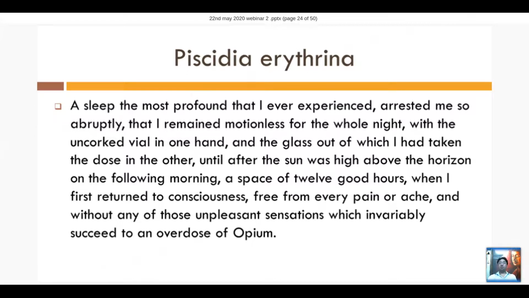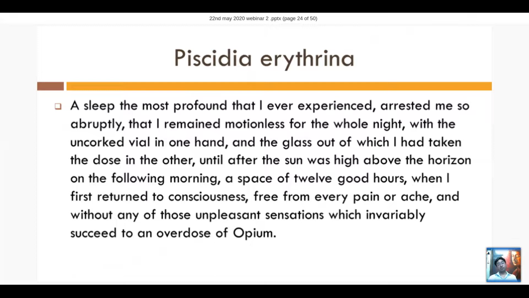Sleep the most profound that I ever experienced arrested me so abruptly that I remained motionless for the whole night, with uncorked vial in one hand and the glass out of which I had taken the dose in the other, until after the sun was high above the horizon on the following morning, a space of 12 good hours, when I first returned to consciousness.